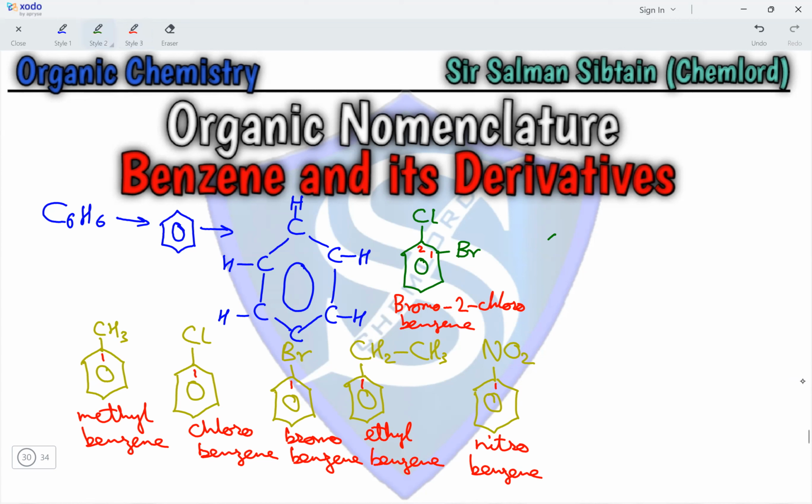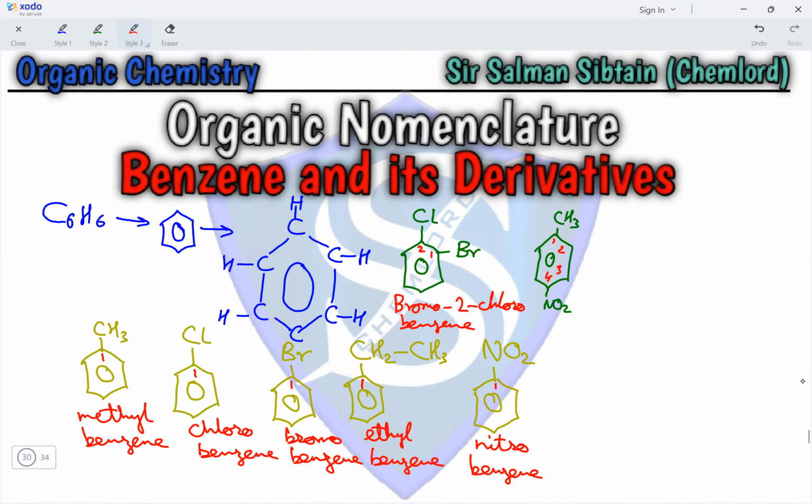Next, we have a benzene ring and we have a methyl group on it. We have a nitro group on it. So numbering would start from methyl because M comes before N. So 1, 2, 3, 4.